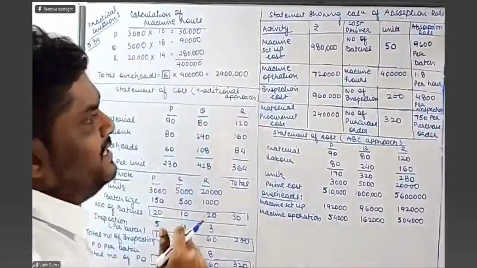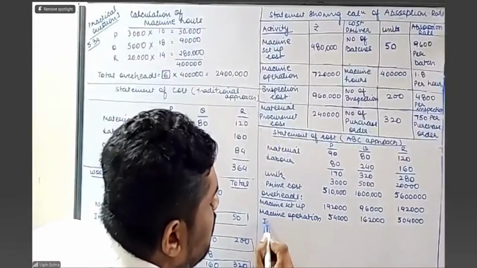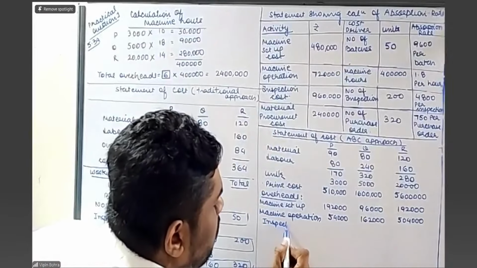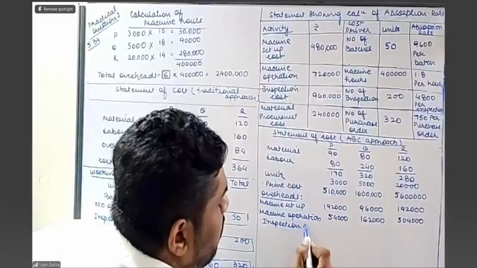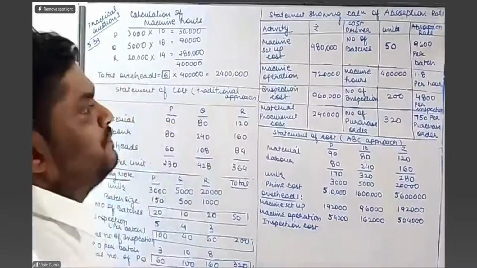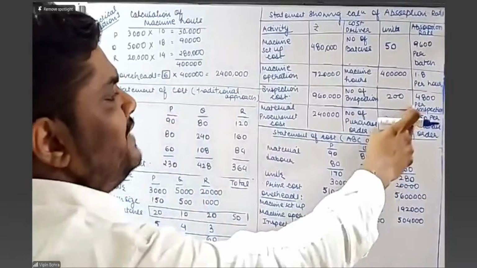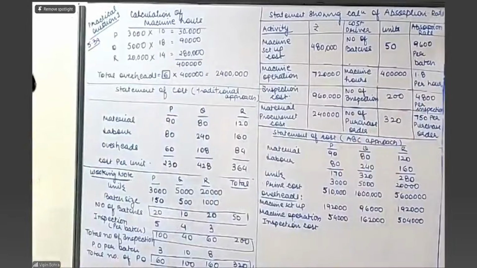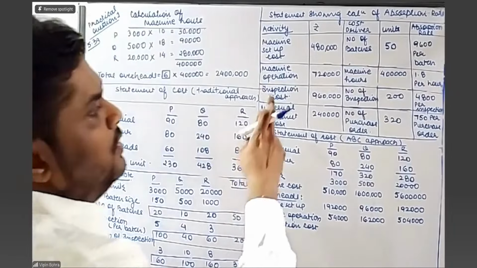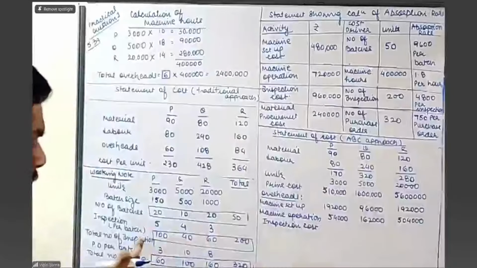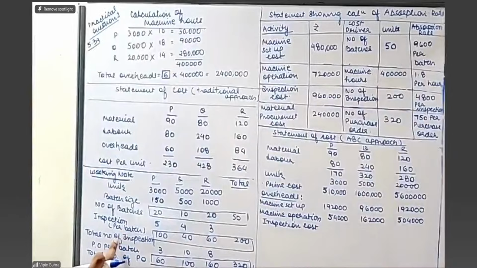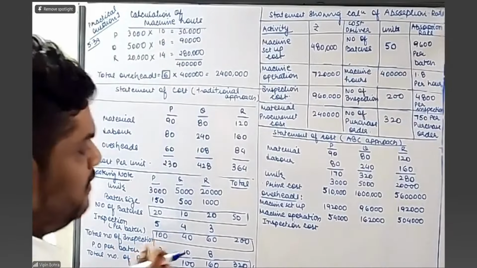Now next is inspection cost. It is 4,800 per inspection. And we have calculated the total number of inspections, that is 100, 40 and 60. So 4,800 into 100.